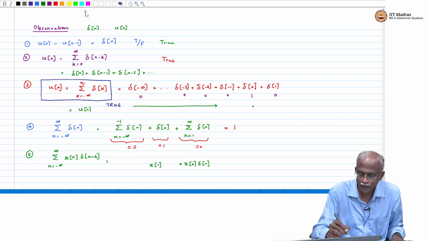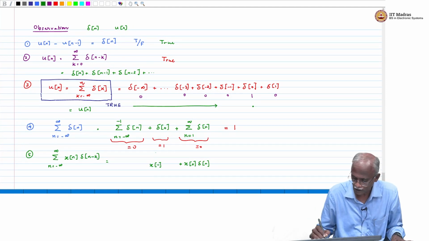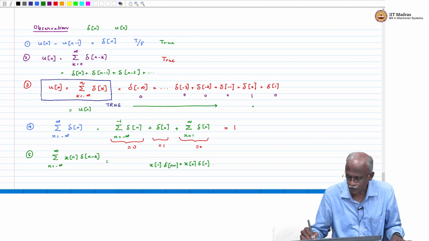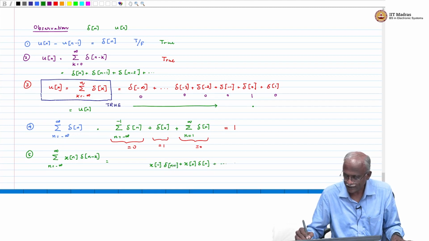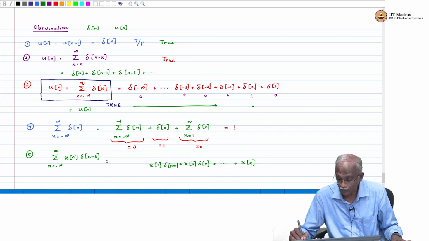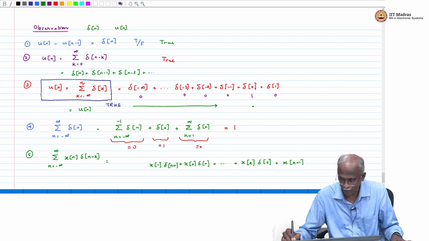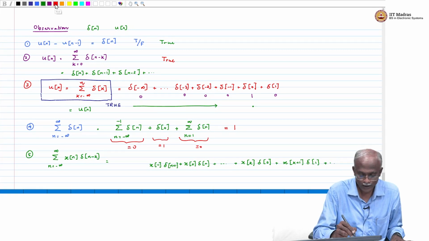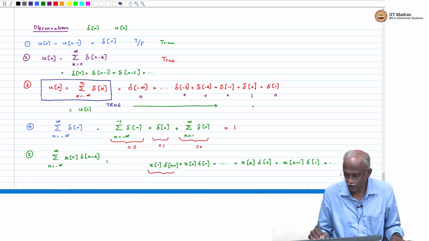You look at these samples, then there is an x of k, one of the values, that will give you delta of 0. Then you have x of k plus 1, the next sample, this will give you delta of 1 and so on. Look at all these expressions, this is equal to 0.